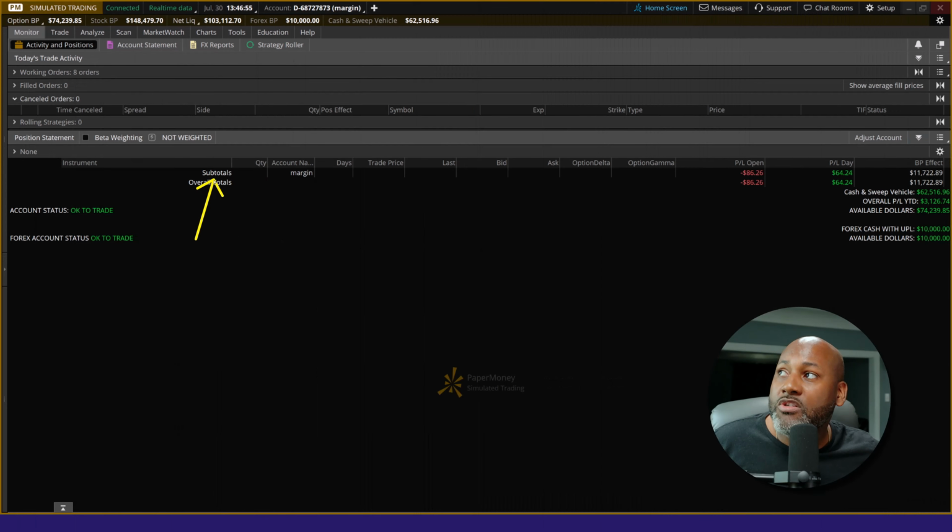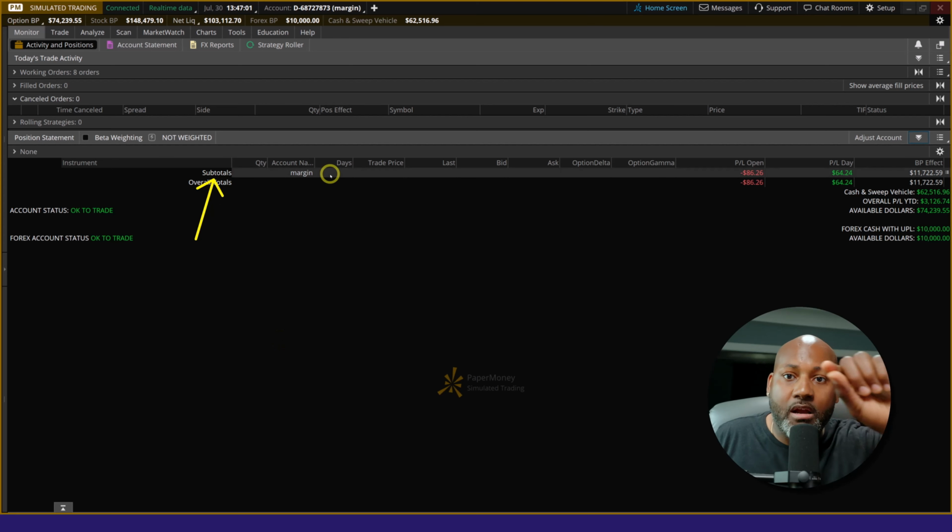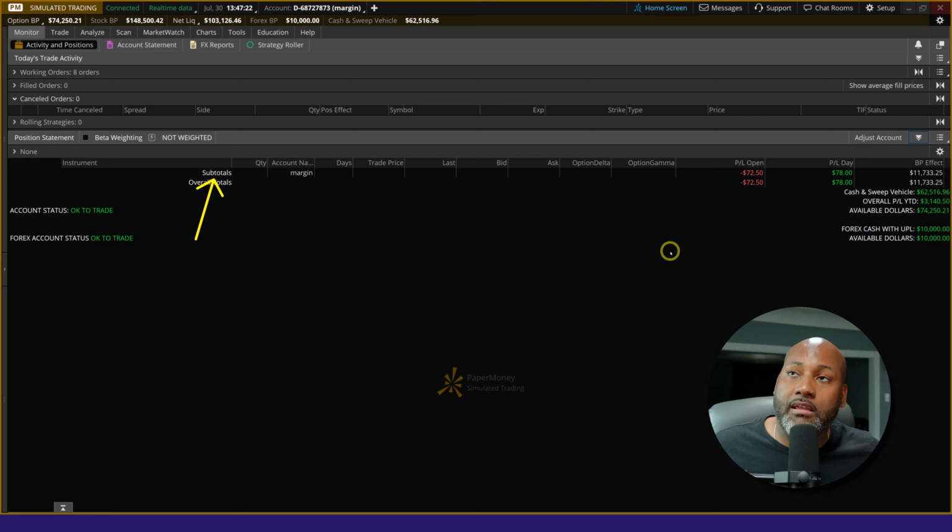So what we want to focus on is right here where it says subtotals. We're talking about everything on this line. Now we know those columns down on the end, the profit and loss since the open, and then we see the profit and loss since today. We can't see how many positions we actually have right now. We just see that the subtotal of all the positions that we have open are currently losing $72.50 right here.